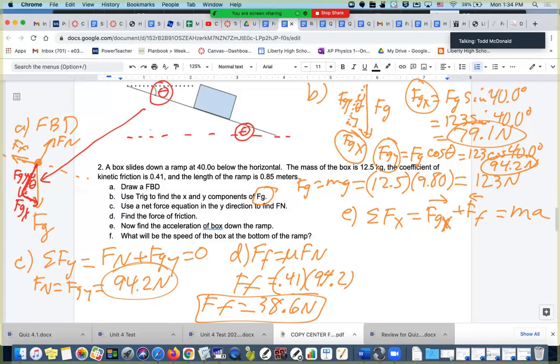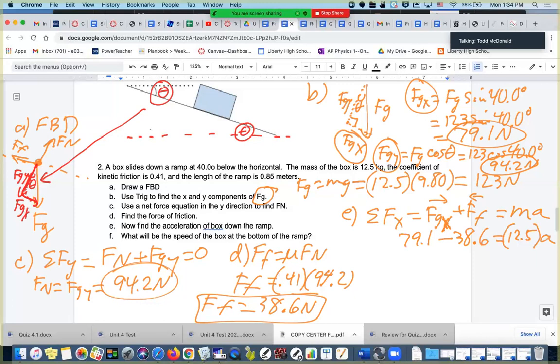So I'm going to plug in FGX, which we found up here is 79.1, minus the force of friction, which remember is opposing, 38.6, is equal to the mass of the box, which we said was 12.5, times acceleration.